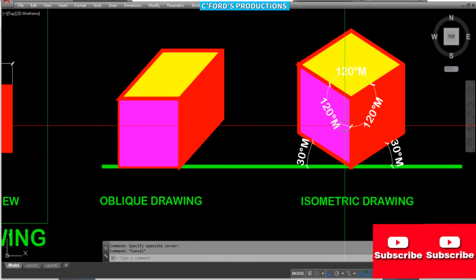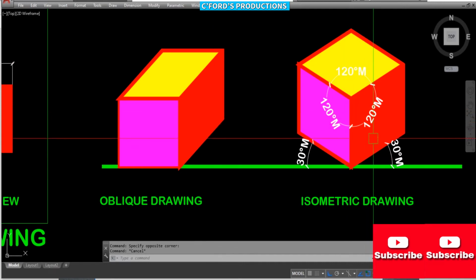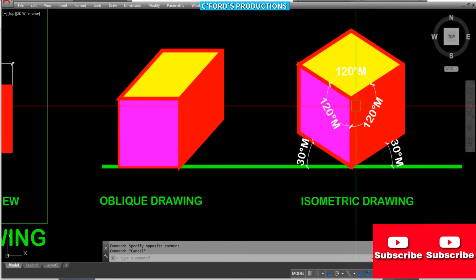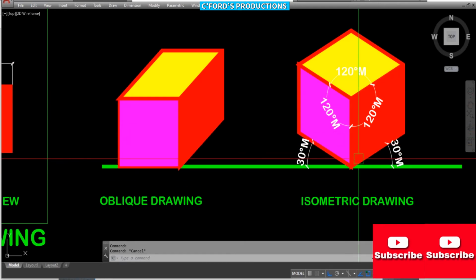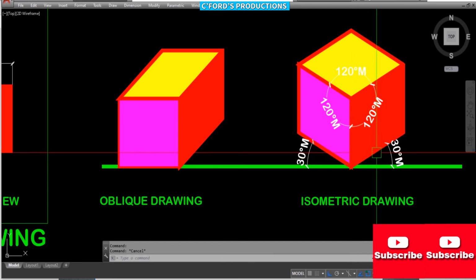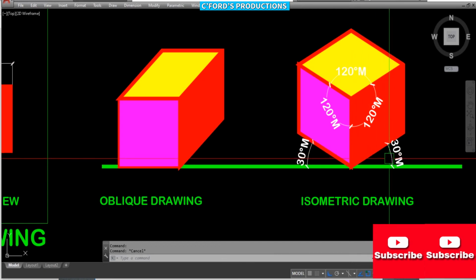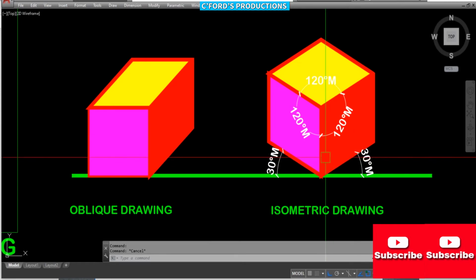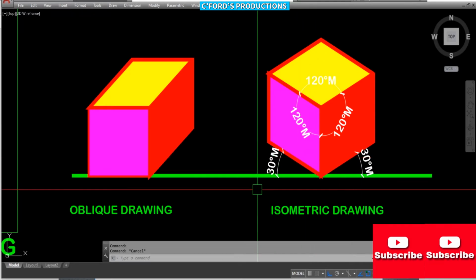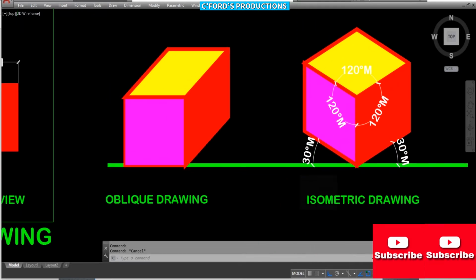So in isometric drawing, this area is perpendicular to the plane. So with an angle of 30 degree both sides. So both sides are equal. So that's the difference between oblique and isometric drawing.